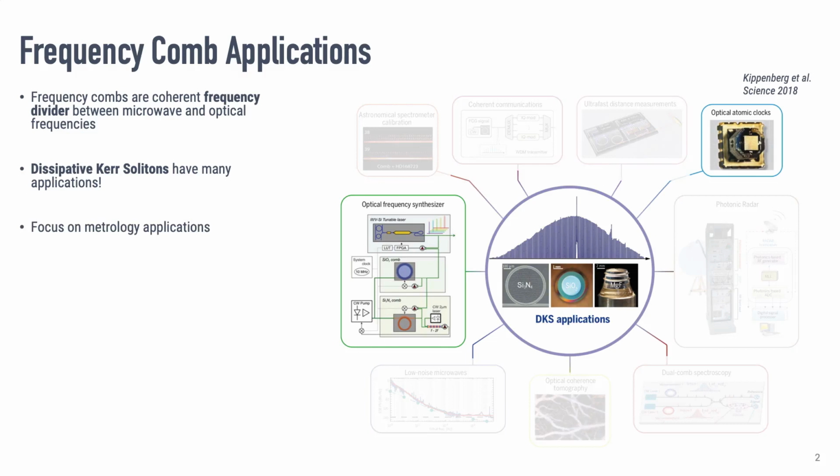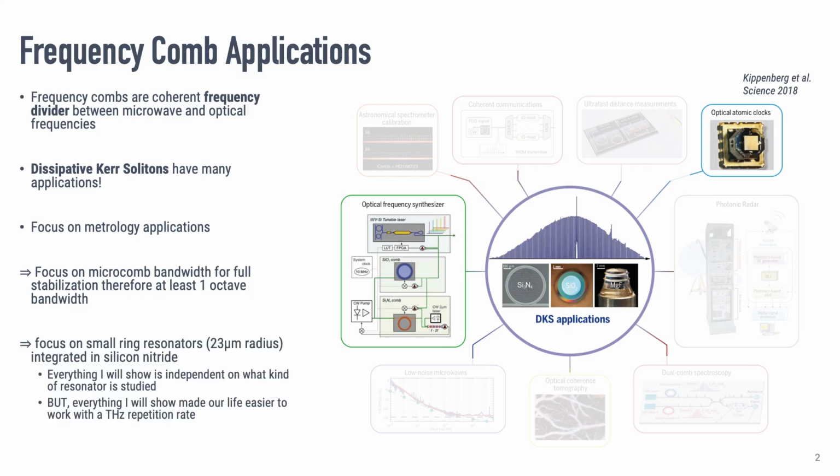In particular at NIST, the S stands for standards. We care about metrology applications. What that means is we focus a lot on optical frequency synthesizers and optical atomic clocks. For this kind of work, we need to fully stabilize and self-stabilize the frequency comb. To do that, you need an octave bandwidth. And that's why we work with these tiny rings, these tiny chips that I showed in the first slide: for power consideration, you want to minimize the number of comb teeth you have in your octave.